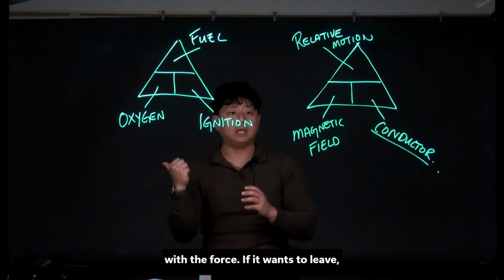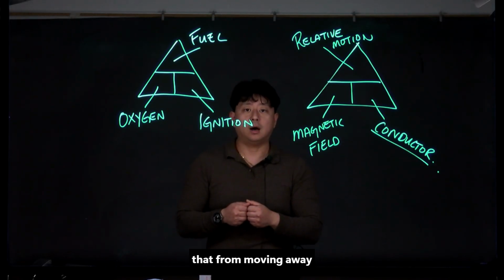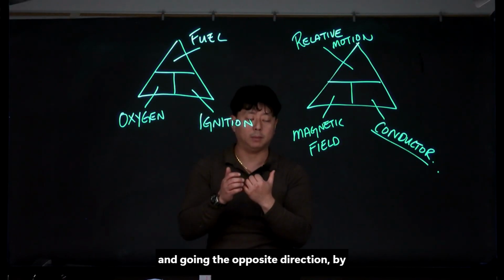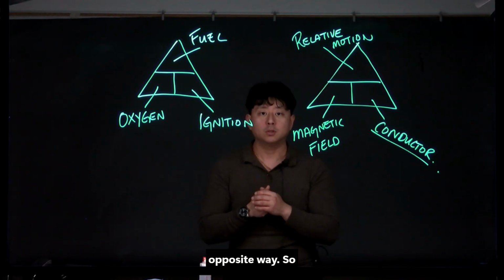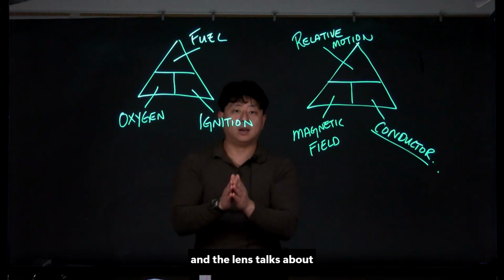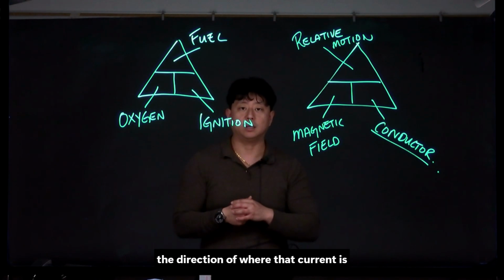If it wants to leave, then the current wants to keep that from moving away by pulling it the opposite way. So Faraday suggests the magnitude, and Lenz talks about the direction of where that current is headed.